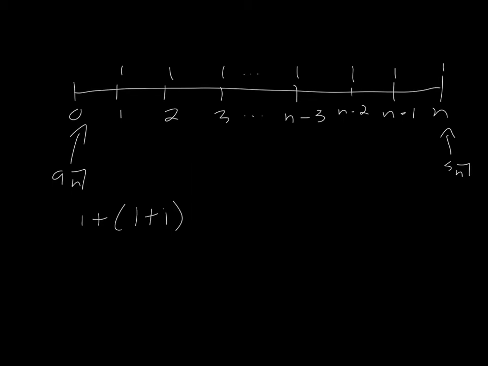The previous payment of $1 at time N minus 2 had 2 years, or 2 interest periods, in which to earn interest. That value equals (1 plus i) squared. The one prior to that got a chance to earn 3 years of interest. And on and on and on.